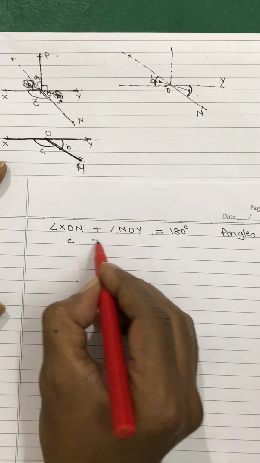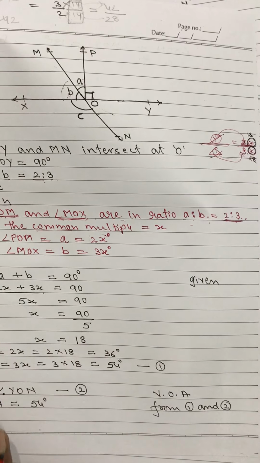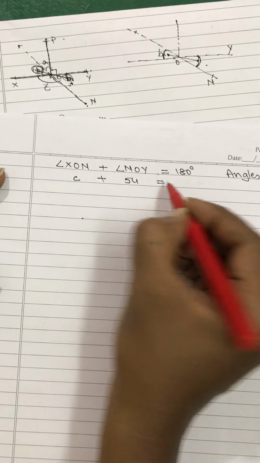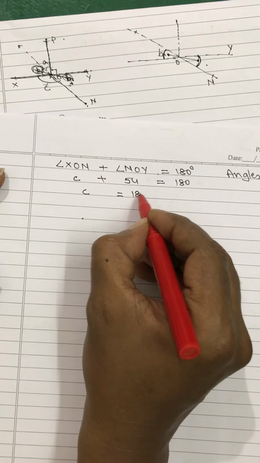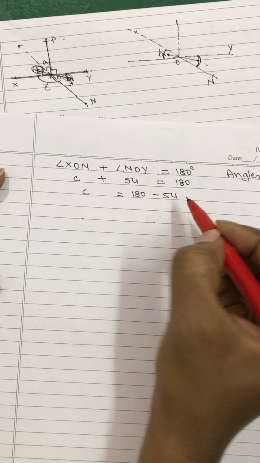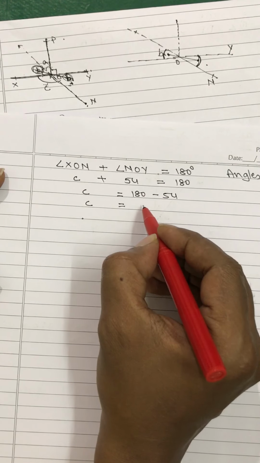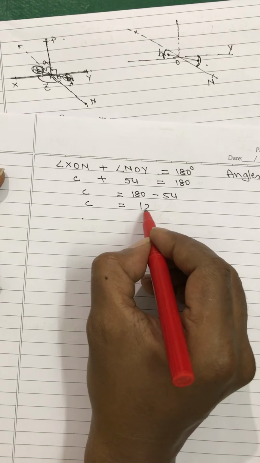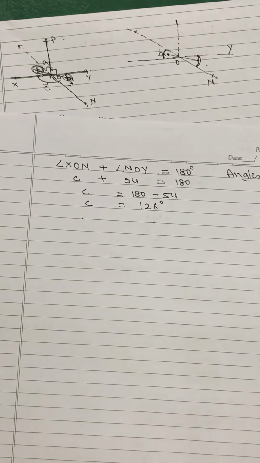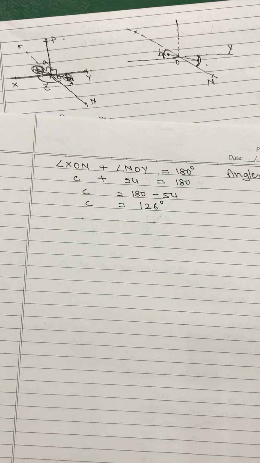XON is C plus NOY, which you found now, 54 degrees, is equal to 180 degrees. C is equal to 180 minus 54, which is 126 degrees. Okay, this will be the value of C.